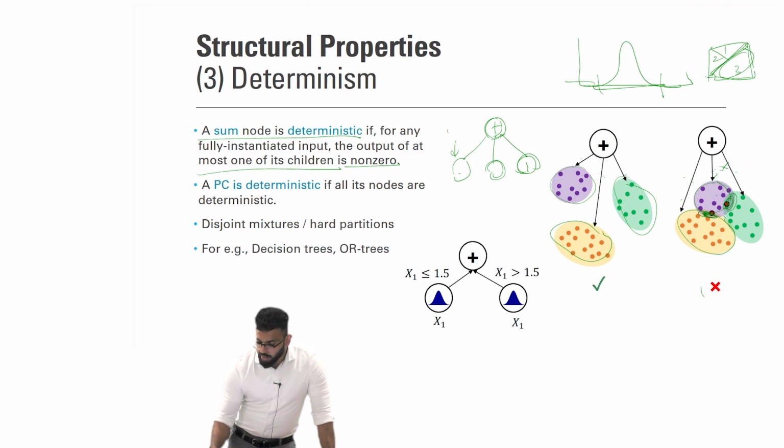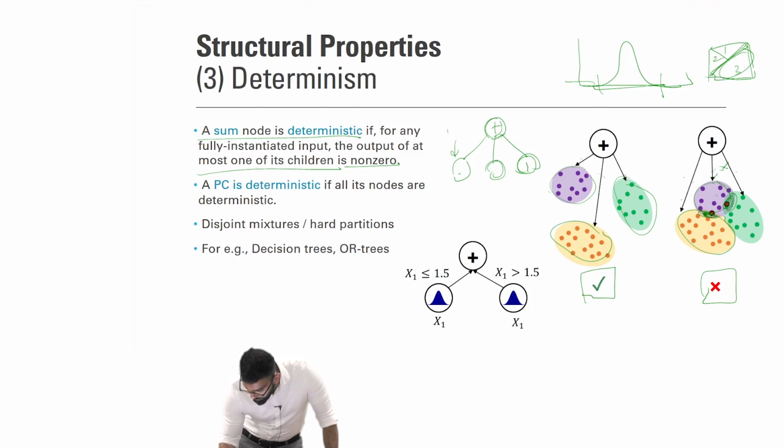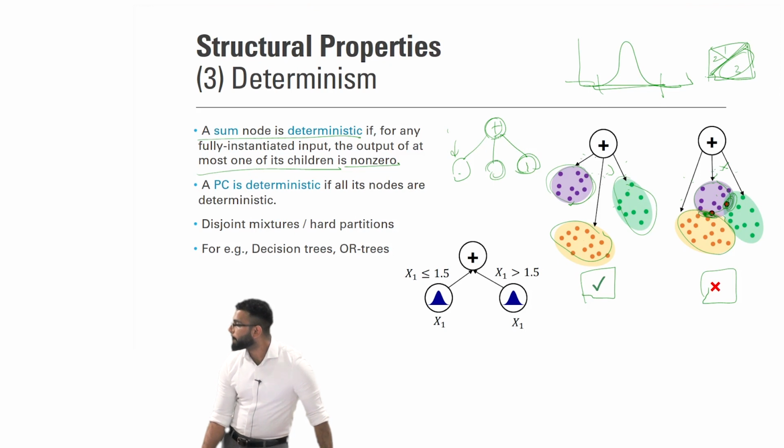In which case, this is not a deterministic sum node. But here, the output is 0 everywhere outside the circle, and there is no way it can intersect with any of the other circles. So for any given data point, at most one of these nodes would be non-zero. Does that make sense? So this is a deterministic sum node.